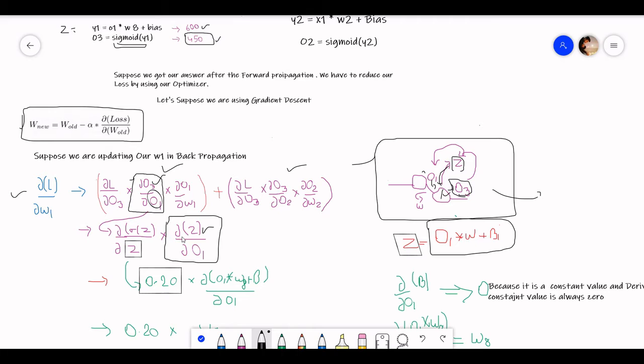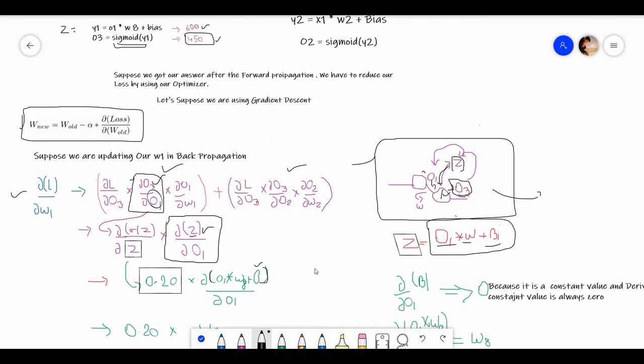Can we write this value Z? Z is O1 multiplied by weights plus bias. So we are replacing Z by just these values. Now we all know that the derivative of bias is a constant value, so it will be 0, because the derivative of a constant value is always 0.